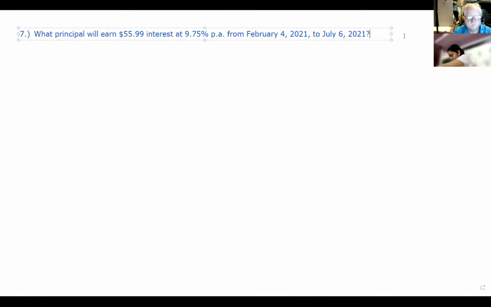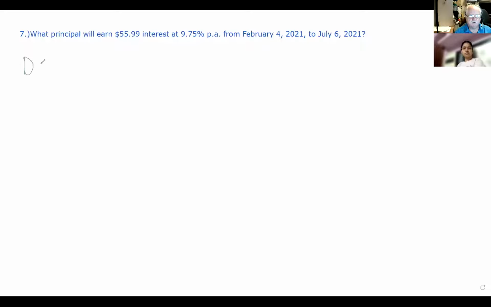So what principal will earn 55.99 interest at 9.75% per annum from February 4th, 2021 to July 6th? What we've got to do is figure out how to find what they call the days between dates.